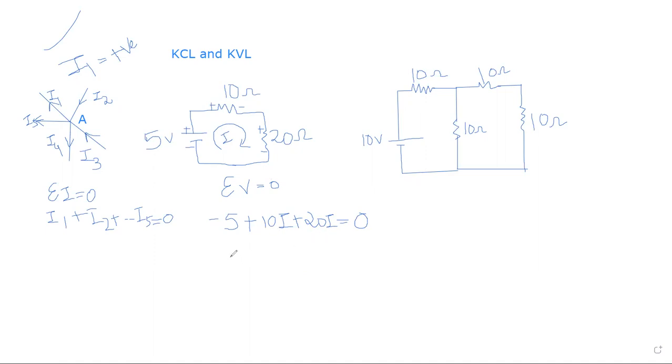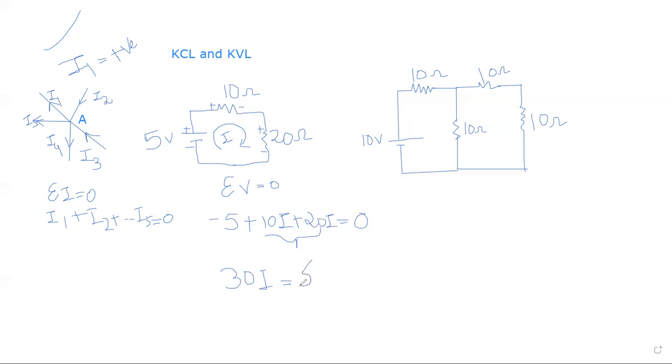Now I can add these two up, right? So it will become 30I, 30I is equal to 5, since I am taking the 5 to this side.